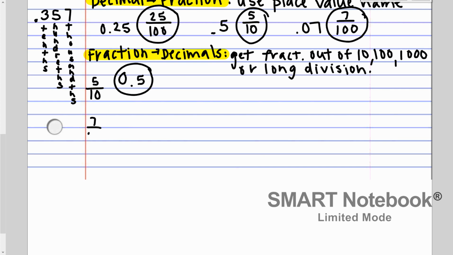All right, let's try 7 over 20. Now 20 isn't 10, 100, or 1,000, but we could make it into a 10 by dividing it by 2. But 7 divided by 2, that's a decimal, so that's not very easy to do. We can make 20 into 100. Think to yourself, 20 times what is 100?